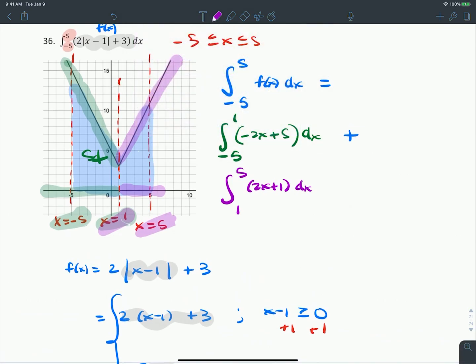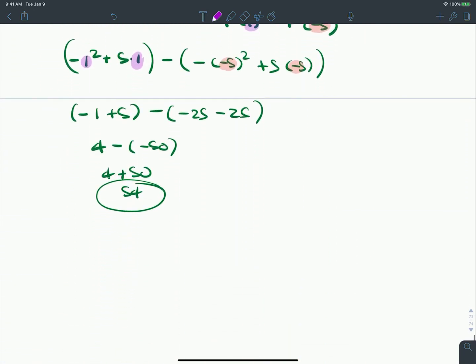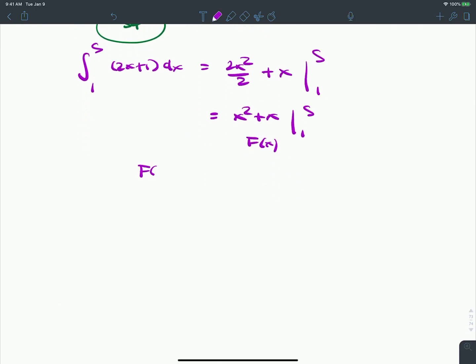The purple portion, from 1 to 5, 2x plus 1. This is going to be 2x squared over 2 plus x evaluated from 1 to 5, which is really x squared plus x from 1 to 5. This is my antiderivative function. F of 5 minus f of 1.